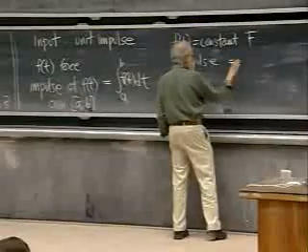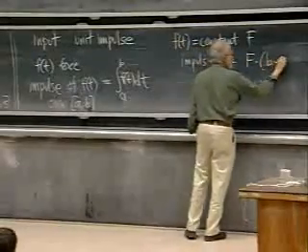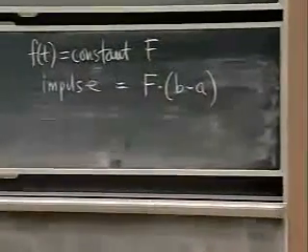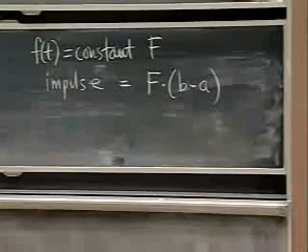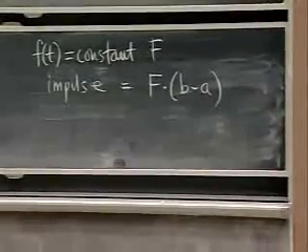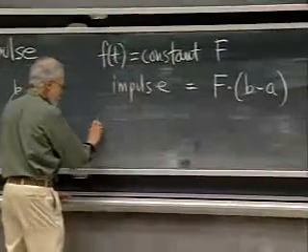The impulse over that time interval is simply F times (b minus a), just the product of those two: the force times the length of time for which it acts. Now that's what I'm going to want to consider in connection with our little mass system.